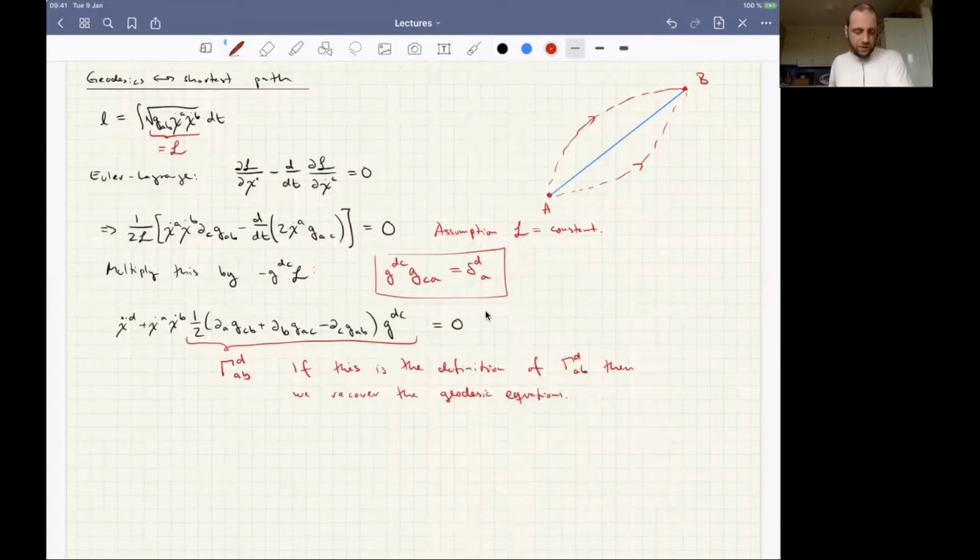This is a very common way of defining how things change from one point to another, that we use those exact gammas, these Christoffel symbols, and then many of the properties that we had in Euclidean space carry over to more generalized spaces.